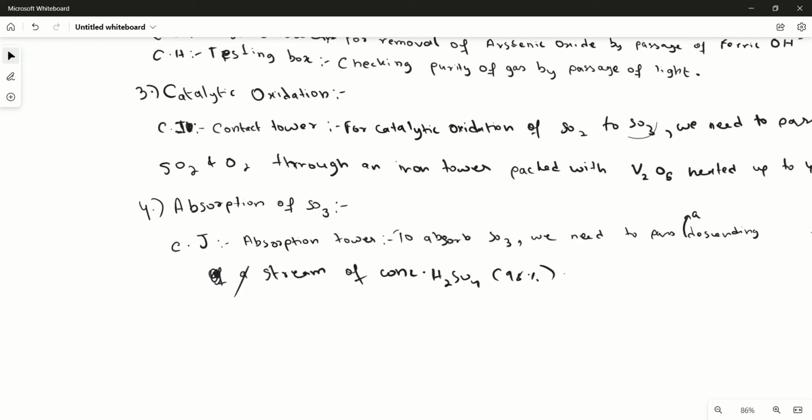Not vapors actually, vapors is wrong. Or you can frame it like this: for absorption of sulfur trioxide vapors by a descending stream of concentrated H2SO4. Anyways, both of them are the same.